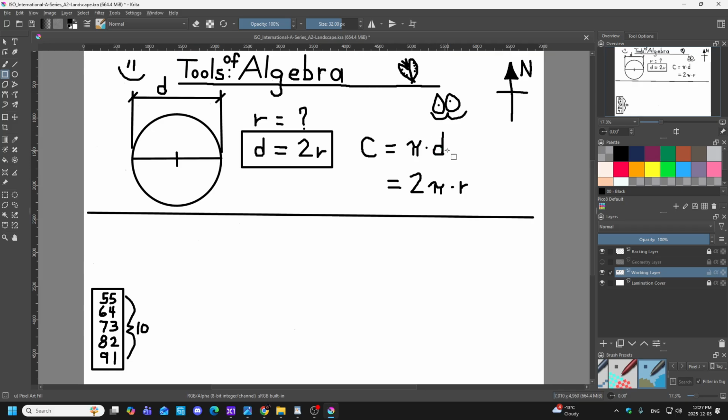If you want to just save a step and you're given r, then you can simply go straight to this formula. So it's kind of an A or a B thing.